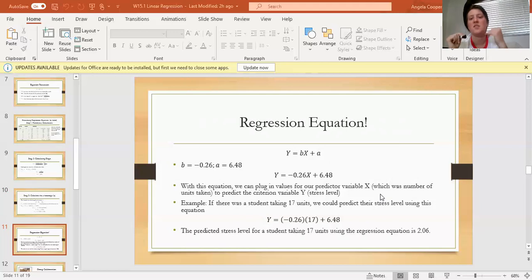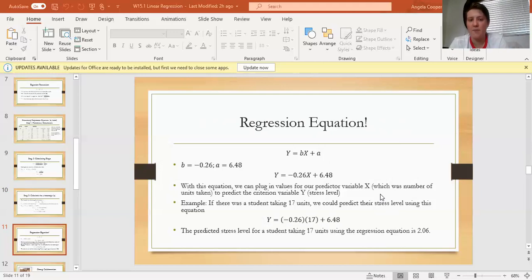But if a student is taking 17 units, we can use this x. Remember, x is our number of units. X is always provided to us. Use this number of 17 to predict our y value. So y equals negative 0.26 times 17, our provided predictor variable, plus 6.48, our y-intercept.